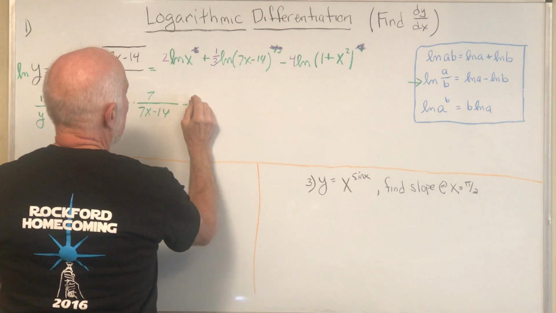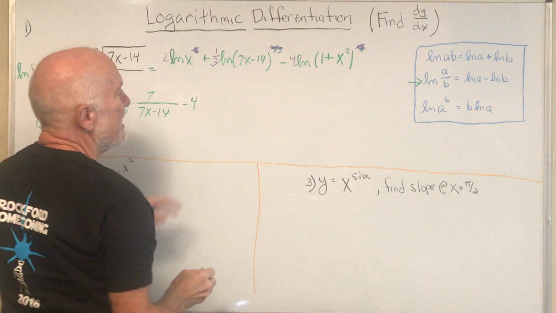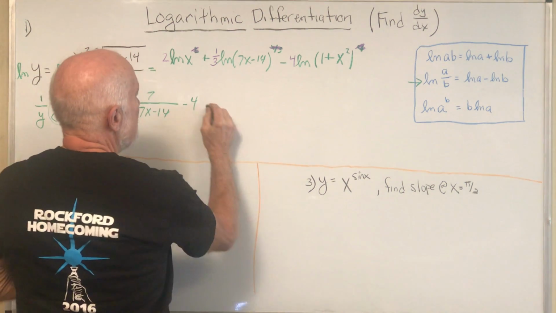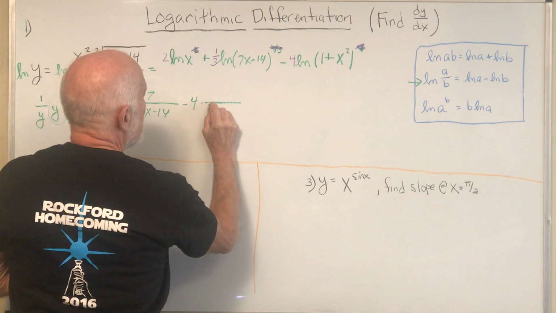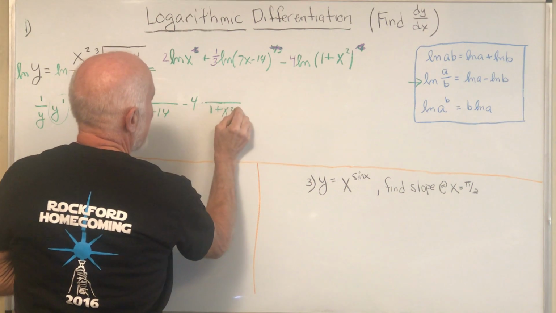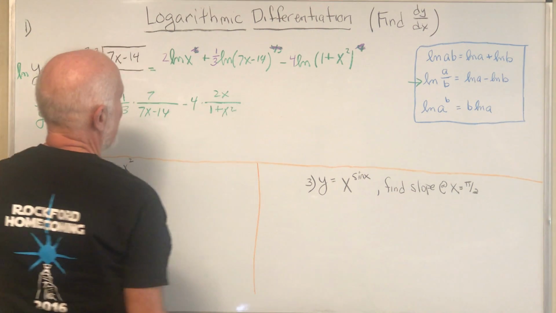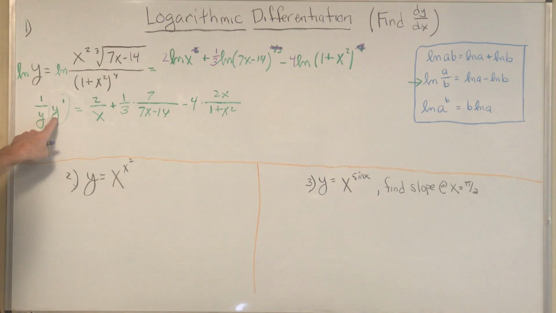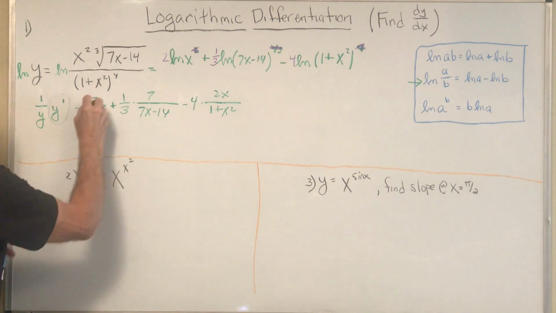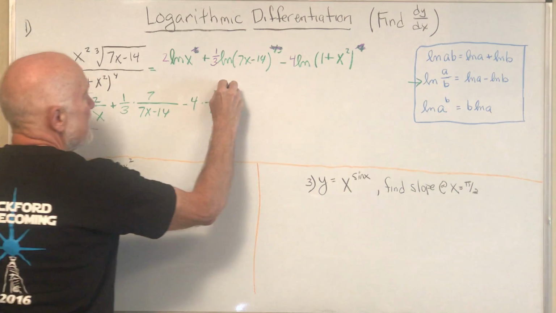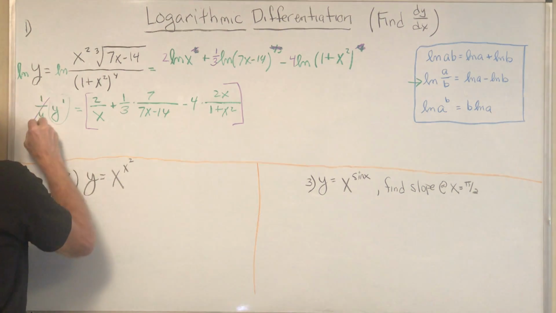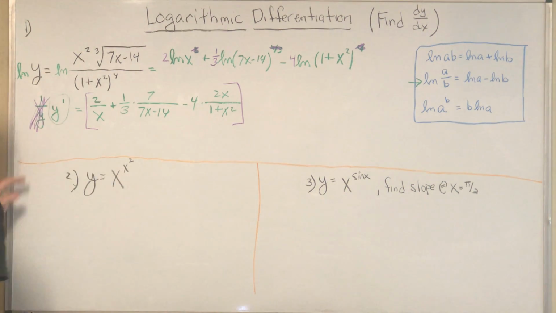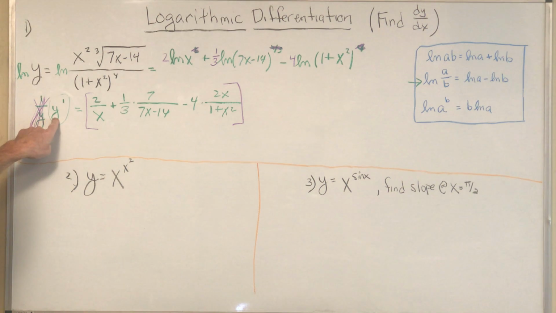And then we have minus 4. And again, we do the chain rule: 1 over 1 plus x squared times 2x. Now, since we want to solve for y prime, we have to multiply both sides by y. So I cross that out, and this is what I'm trying to solve for.